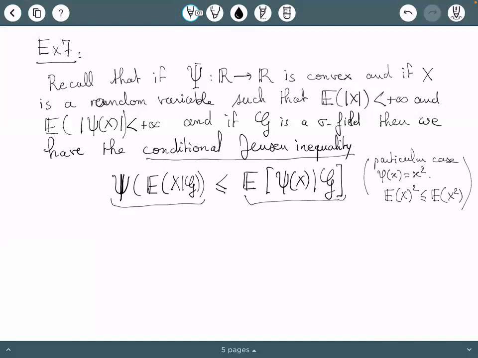I think it is in the properties listed in this sheet about the conditional expectation. It is this one that we will use, with the function psi of x equal to x squared. If I do it, I will get exactly that the square of the expectation of X given G is less or equal to the expectation of X squared given G.